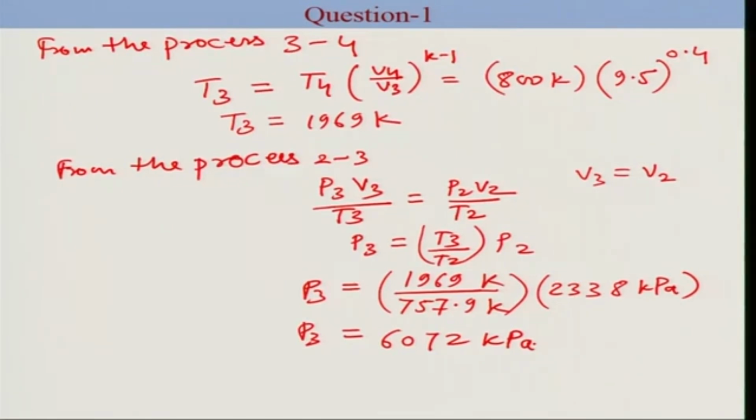Now, we are asked to calculate the heat coming into this cycle. Heat is given during the isochoric process from state 2 to 3. So Q in will be equal to mass times change in internal energy, because delta V is 0.